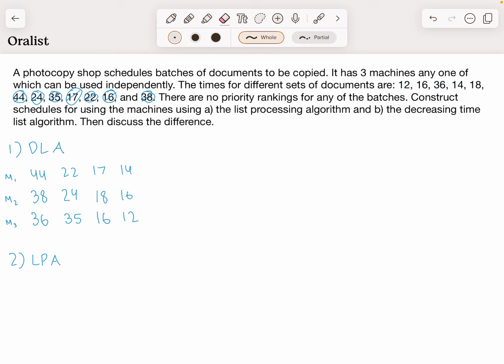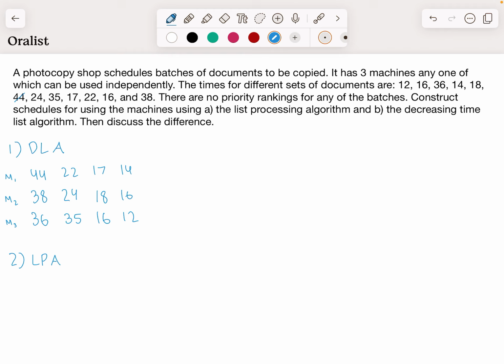The thing with this problem and how the list processing algorithm usually works is that most of the time we're actually given a sequence to work with. However, since this problem doesn't specify a specific sequence, we'll work off the order the numbers are given to us. So this is sequence 1, 2, 3, and so on.